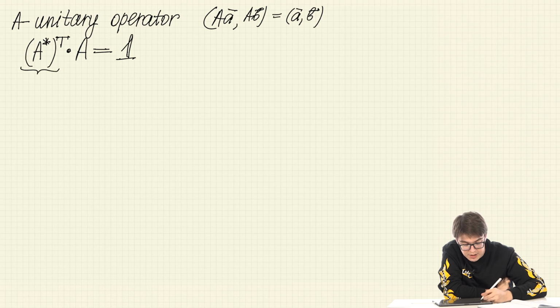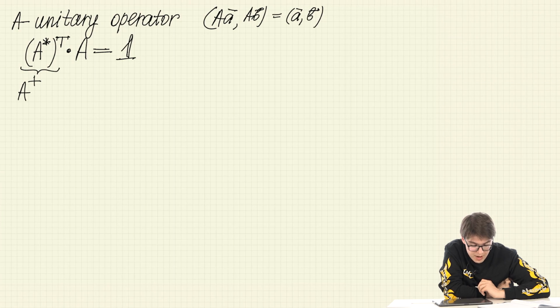And actually this one is also written as A plus or A cross, yeah, and the procedure itself is called Hermitian conjugation.